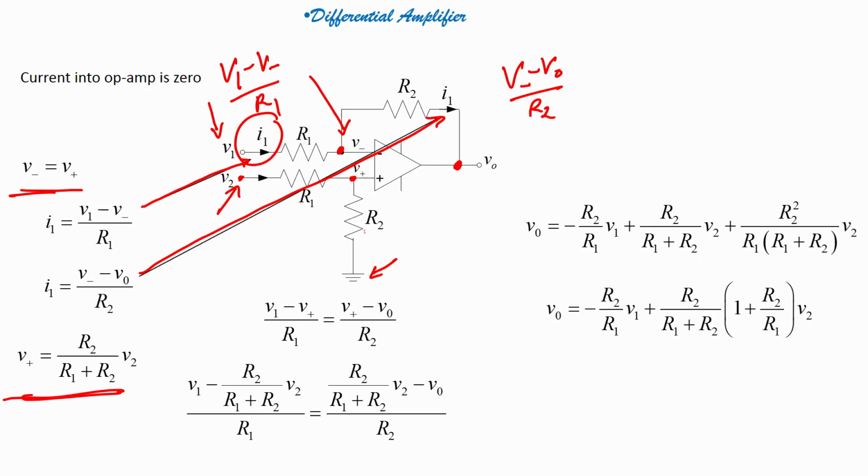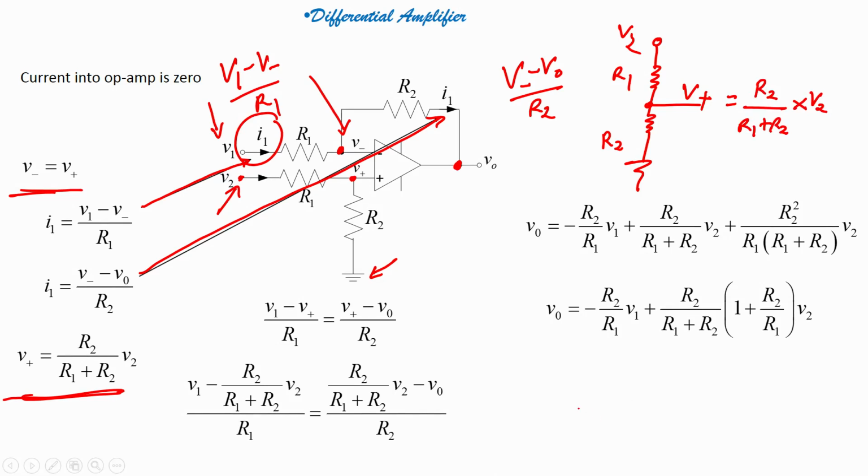So, we have V2, we have R1, we have R2, and we are measuring the V plus. V plus would be nothing but R2 divided by R1 plus R2, into V2.